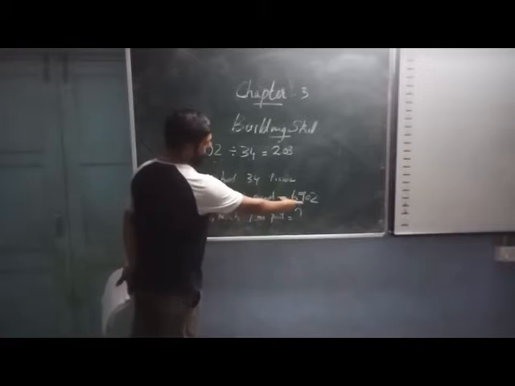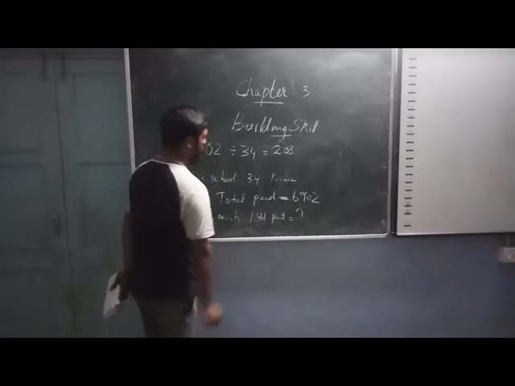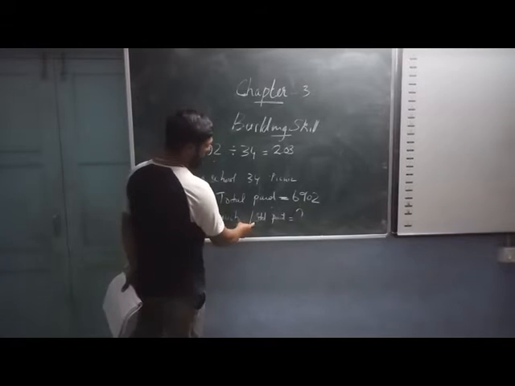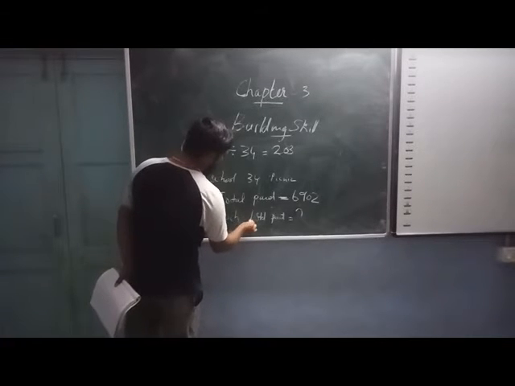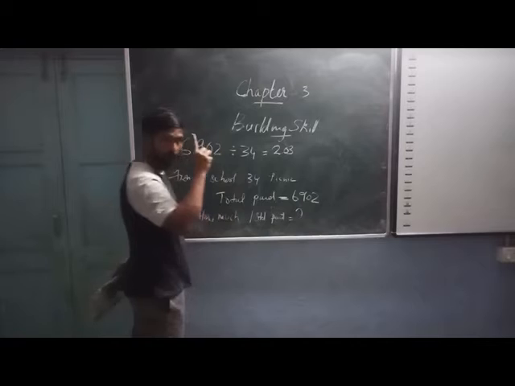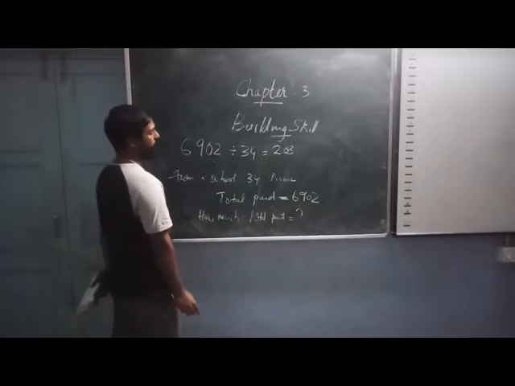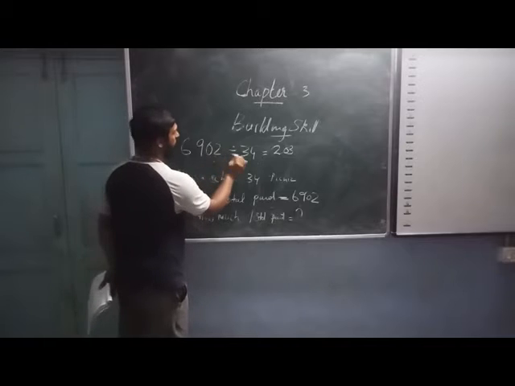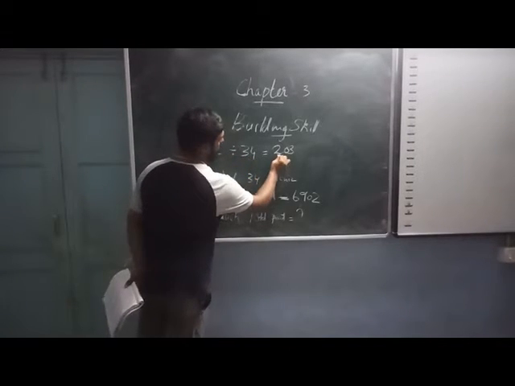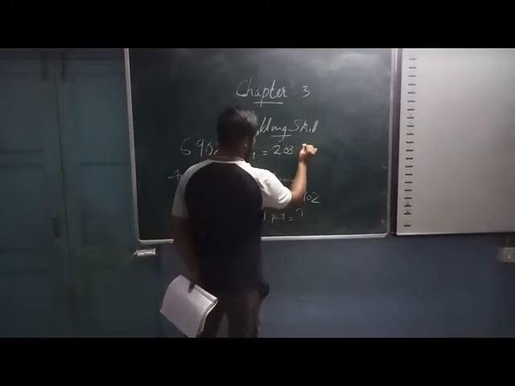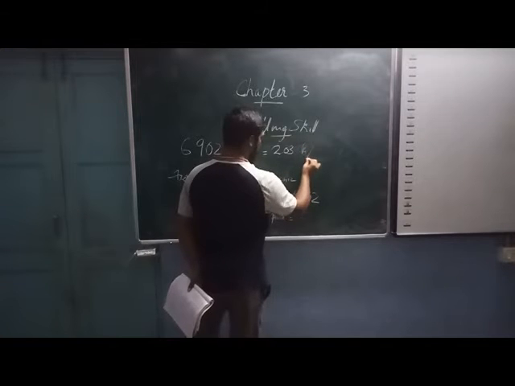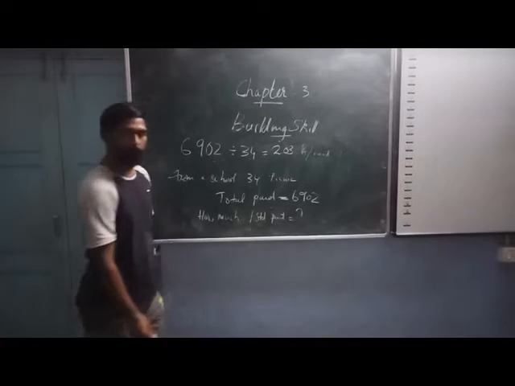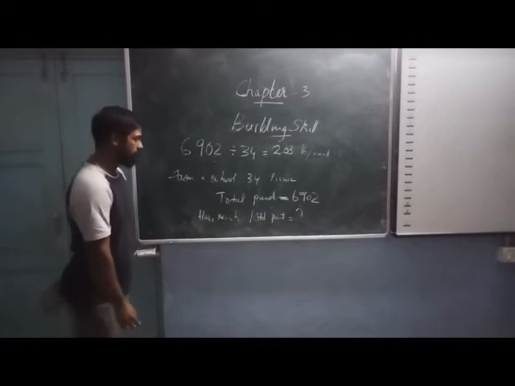We have to find out how much one student paid for the picnic. So 6,902 divided by 34 will give you 203 rupees per head.